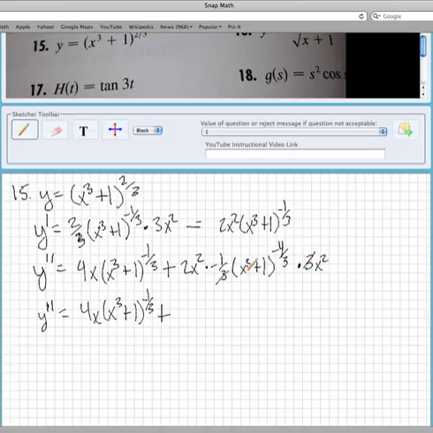And then this actually goes to a negative, and then it's going to be 2x to the 4th. And that's your answer.